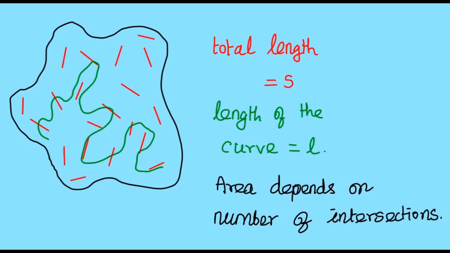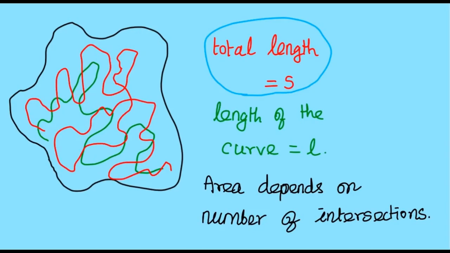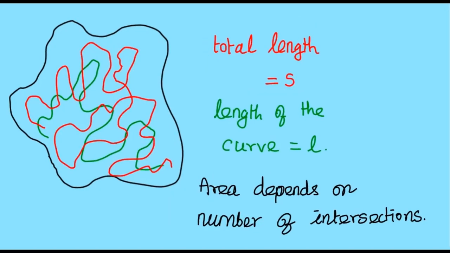Now coming back to our short random lines, as we have seen earlier, instead of these short lines, we can have a random curve. So we can choose the random curve of standard total length. Again, the idea is that we can consider the random curve to be of numerous short lines, and again the area depends on the number of intersections between these two random curves of standard lengths.